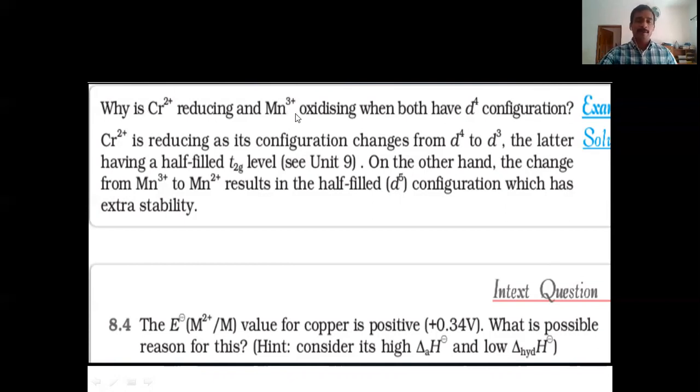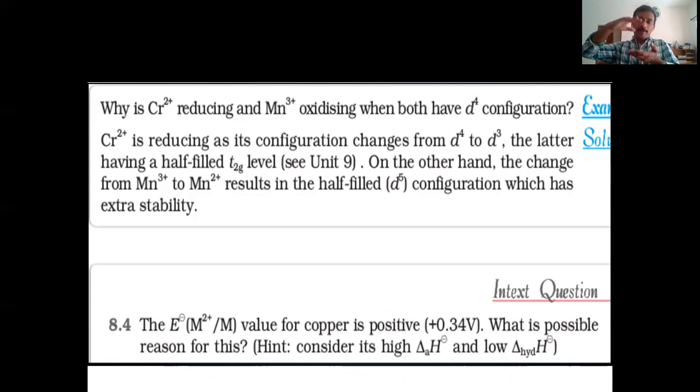Cr2+ d4 configuration, Mn3+ d4 configuration. But Cr2+ is reducing, Mn3+ is oxidizing. What is the reason? You know, chromium is 3d5 4s1, so Cr2+ is d4 configuration. And when it removes one electron, it will get the d3 configuration. D3 configuration means, in the splitting of d orbitals, 3 d orbitals go to the lower energy state, 2 to the higher energy state.